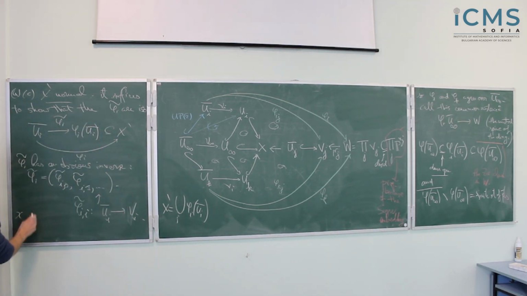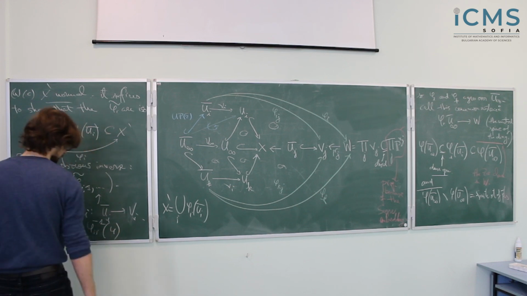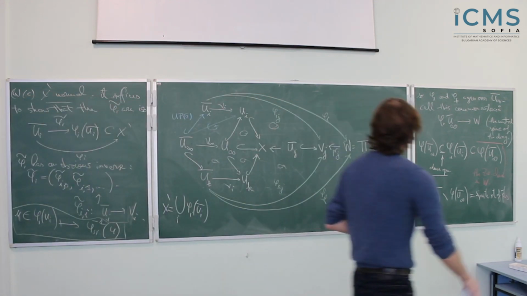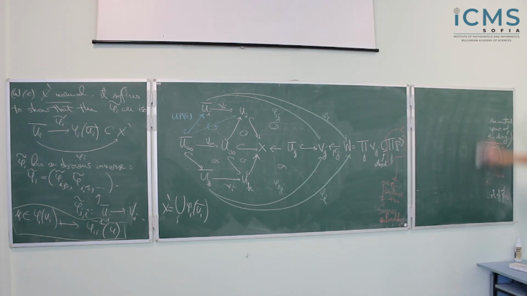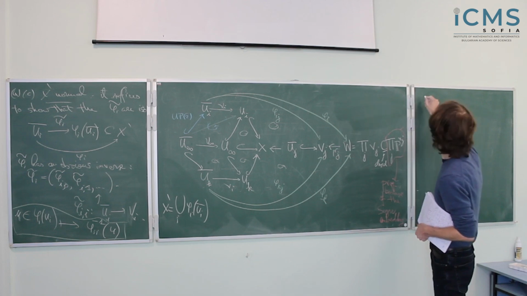But consider if I take x in ui, I'm just going to take as the inverse image phi I minus 1 of... so the inverse map is this one. Very good. So it is normal.